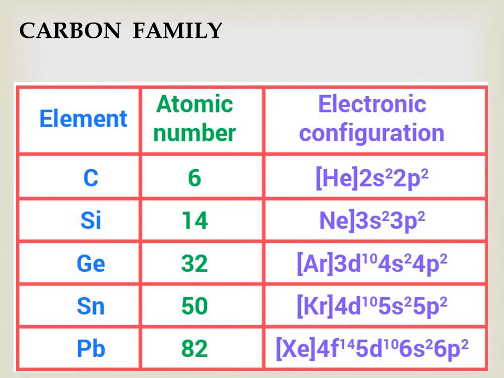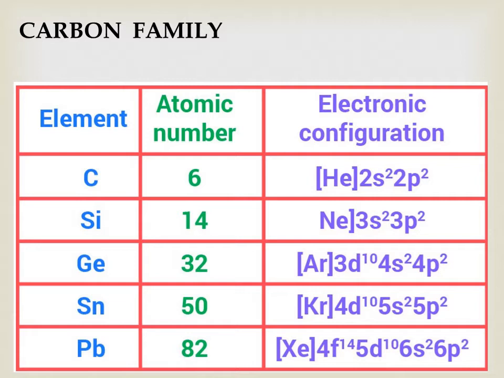Students, even in group 14, you can see as you move down the group, the atomic number goes on increasing. The condensed electronic configuration of group 14 is shown in this table over here, in the dark blue color. As you all know, the electronic configuration of carbon is 1s2, 2s2, 2p2 as carbon has atomic number 6.